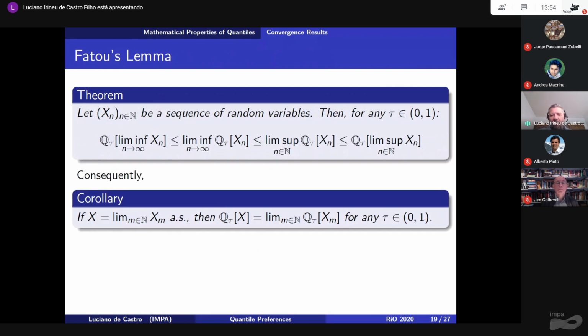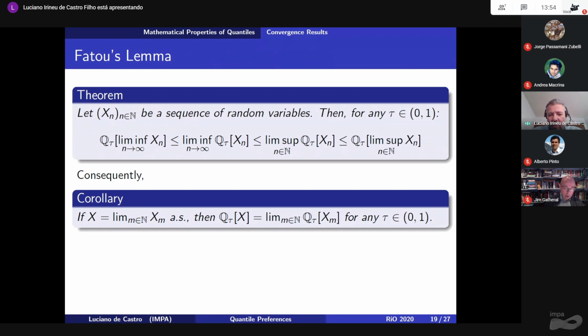We also have, which is kind of interesting, and we didn't find in the literature at all, a Fatou lemma for quantiles. Again, we are looking at this relationship between quantiles and expectations, and looking at the properties that hold for expectations, to see if they hold for quantiles. In this case, we have the Fatou lemma for quantiles, which is very interesting, and it's powerful.